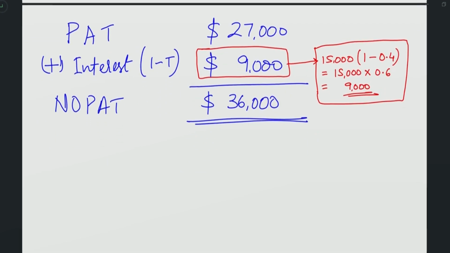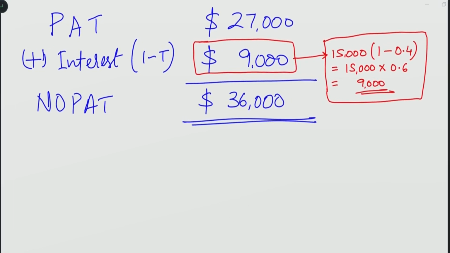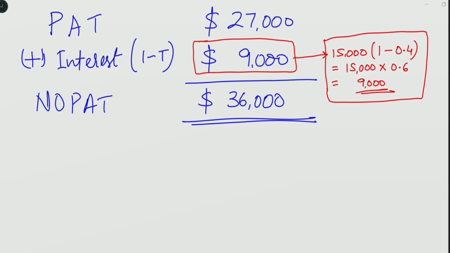So we are talking about computing net operating profit after tax from the amount of profit after tax.